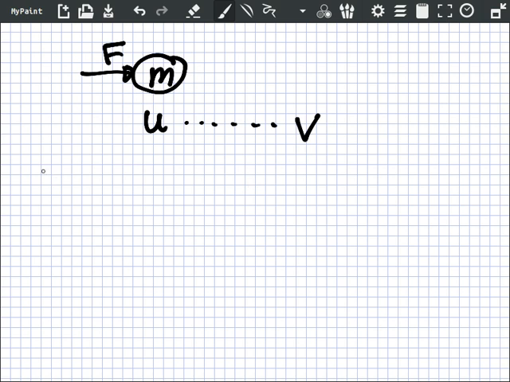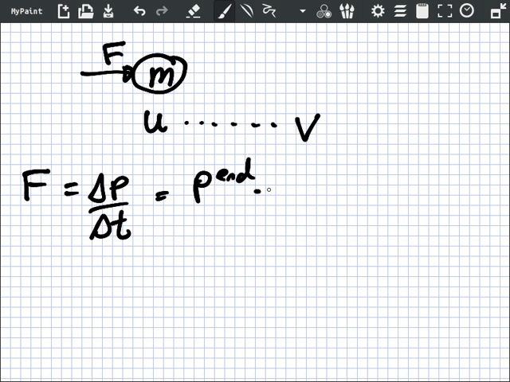So according to Newton, F equals delta P over delta T. Delta P is the momentum at the end minus the momentum at the start, over the time at the end minus the time at the start.